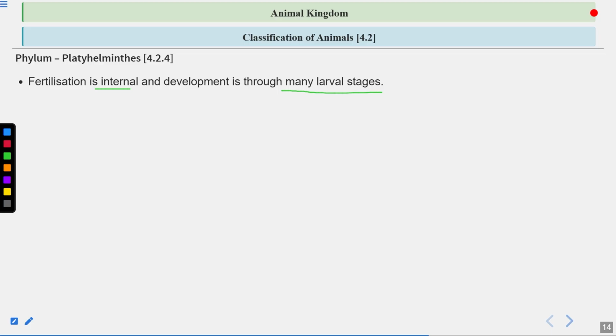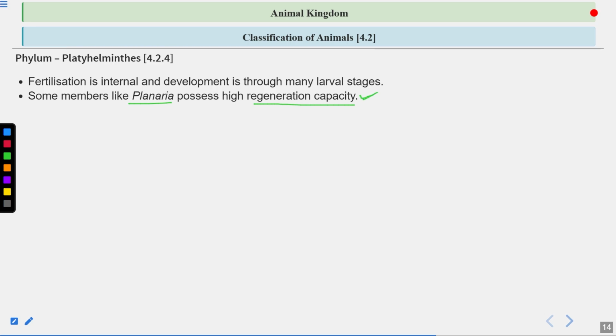Okay, coming to the next point. Fertilization is totally internal. Development is through many larval stages. So we have many larval stages in platyhelminths. Some members like planaria possess high regeneration capacity.